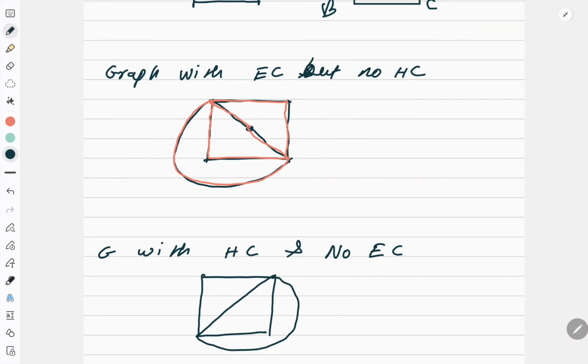Now can you find the Hamiltonian cycle here? I have only 4 vertices around. So 4 vertices is the easiest thing for me here. Start from here, go here, go here, come back. This is a Hamiltonian cycle. What else do I want? But if you try to search, you won't get an Euler circuit here.